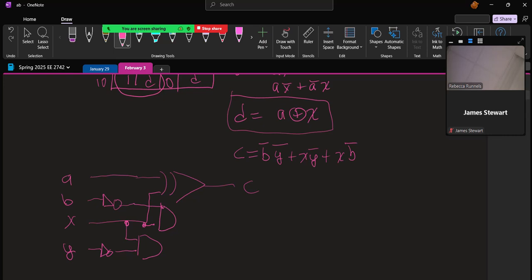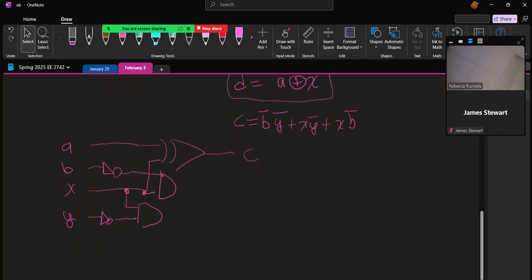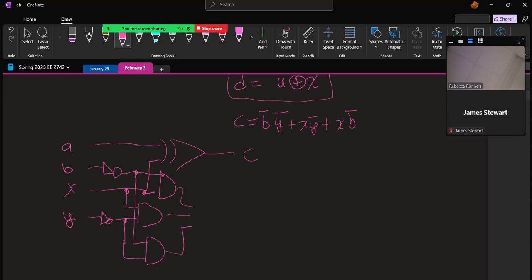And I need B bar ANDed with Y bar. And then I need to OR those all together.